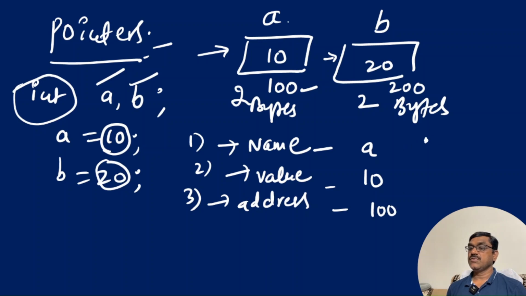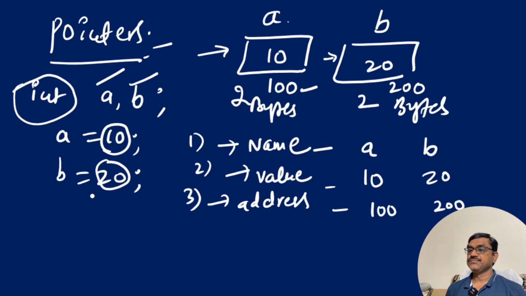For the second variable, the name is b, its value is 20, and its address is 200. 100 and 200 are not fixed values, they can change. Why? Because wherever the memory is available, that amount of memory is allocated for the variables a and b, and the addresses may be changed.